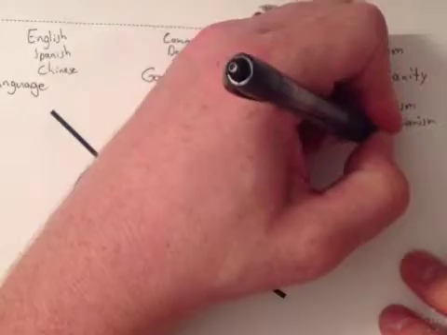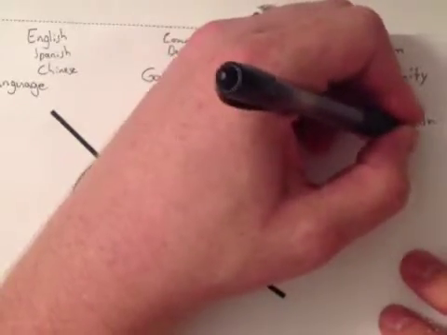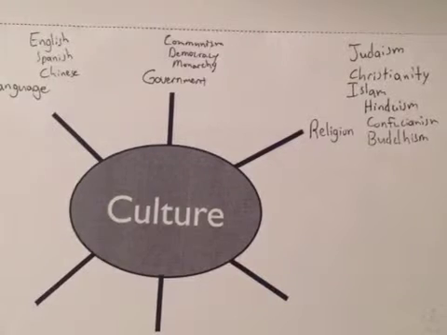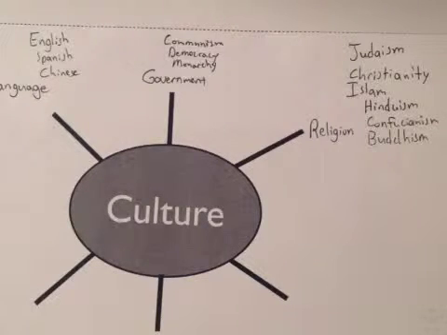And Buddhism. Buddhism is in China, India, and other parts throughout the world. So we're going to be looking at all these different religions as we go through the school year, so that way you get a little bit of information about each one.